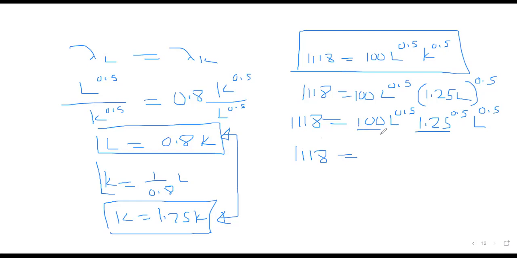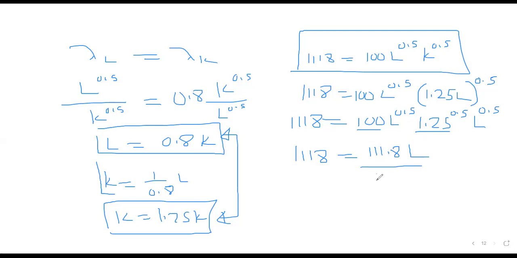When we multiply by 100, what do we get? 111.8. Then L to the half times L to the half is simply L, since you add the powers: 0.5 plus 0.5 is 1.